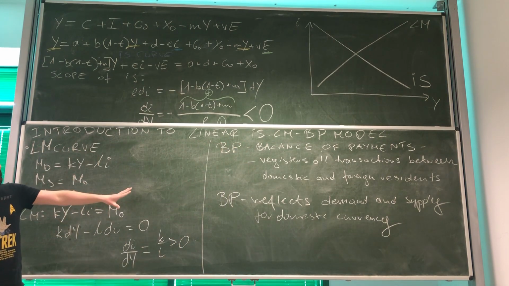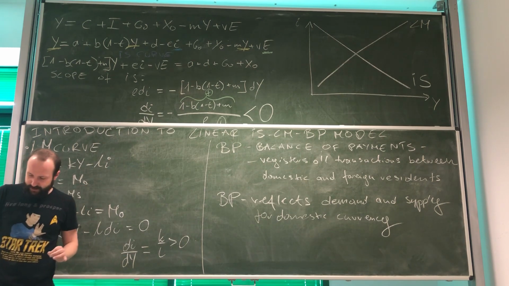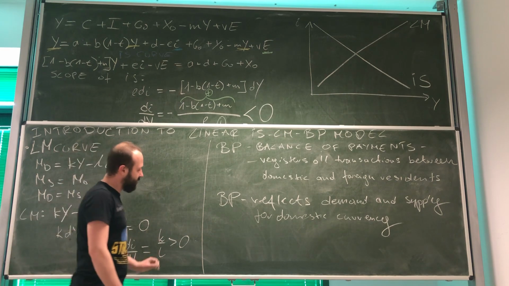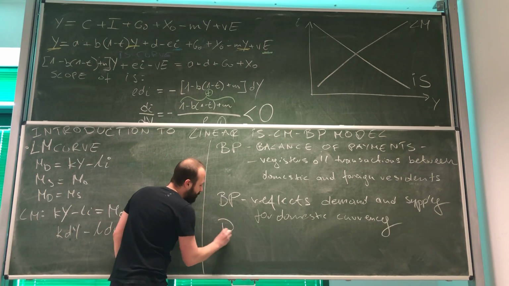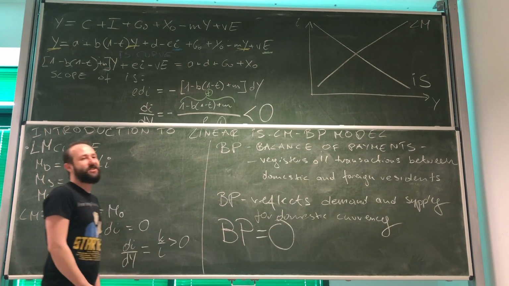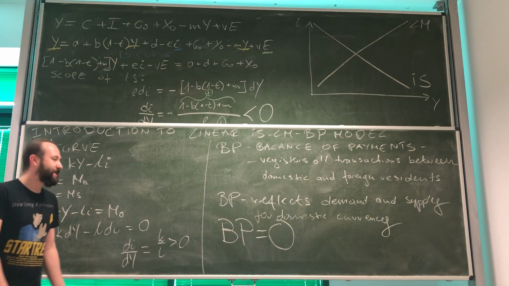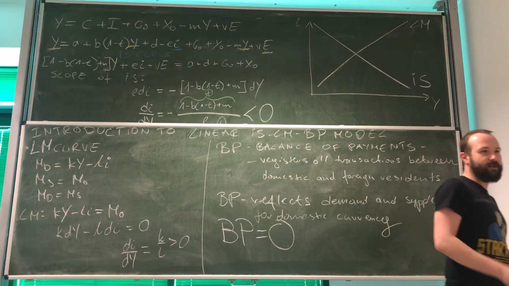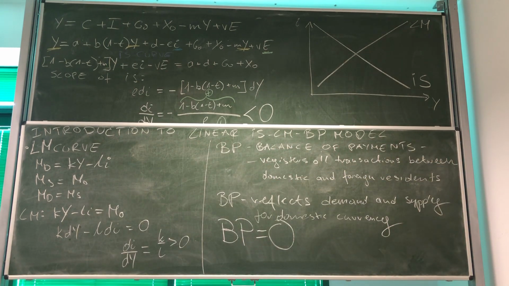Okay, and look, this actually leads us to a very specific result that we're going to use. When the balance of payments is at zero, it means basically everyone has just enough foreign currency as they want, given the conditions.